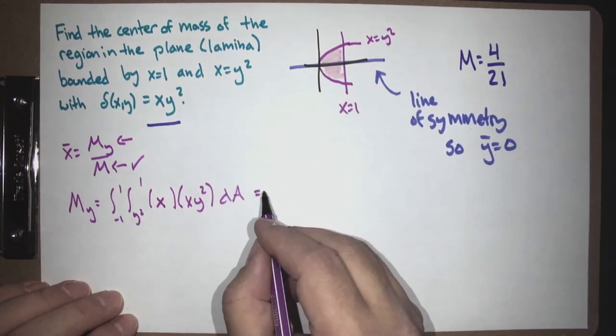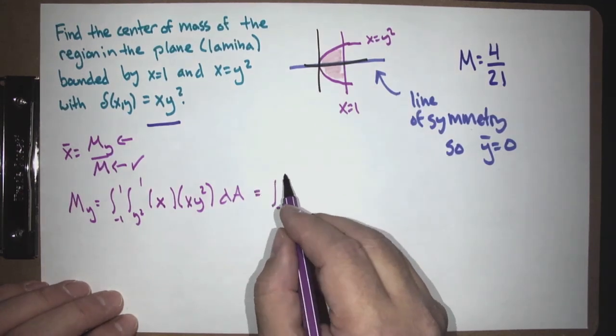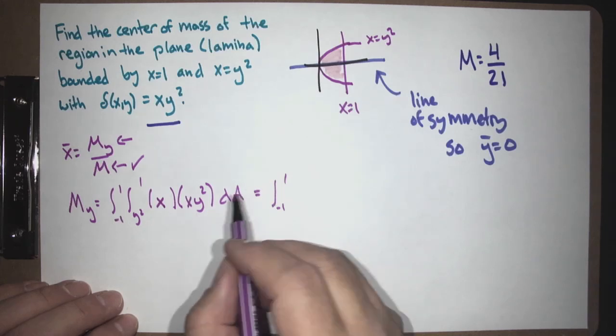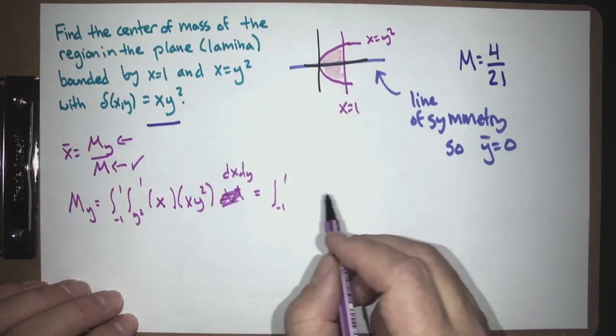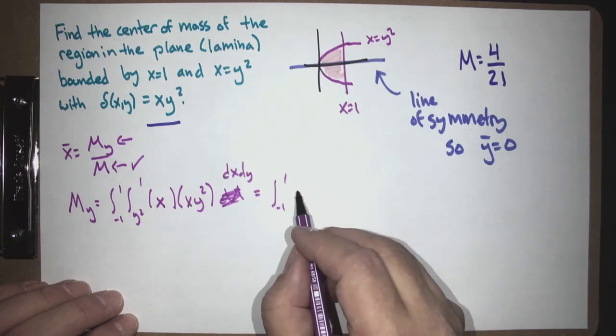All right. And then otherwise, it's the same kind of computations we did. So, oops, not dA. I'm sorry about that. dx dy. So we integrate first with respect to x.